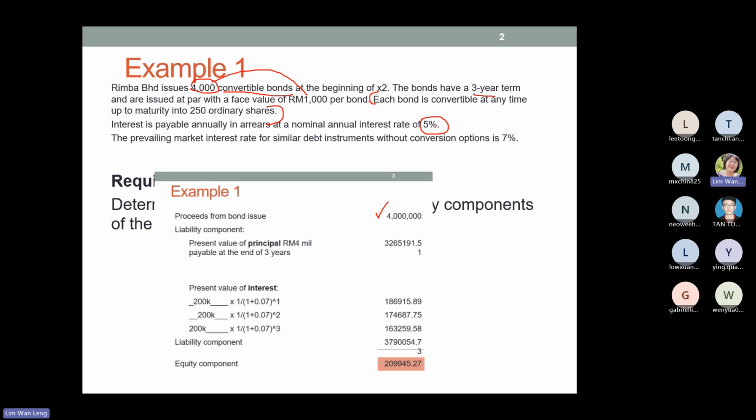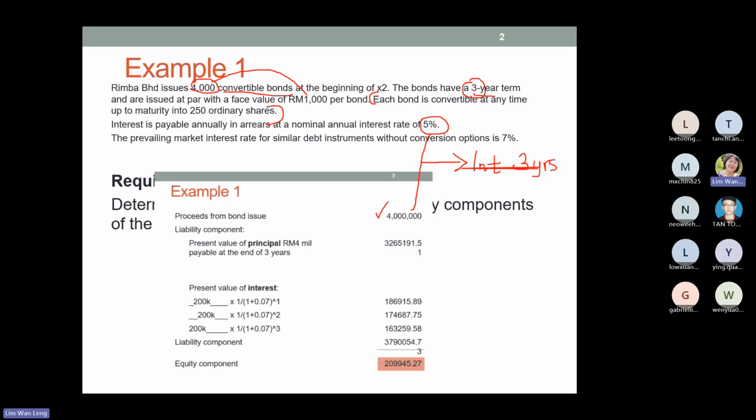Which means 5% times your 4 million will be the interest that you are going to receive for 3 years. So this interest that you will receive over 3 years, you are supposed to present value.